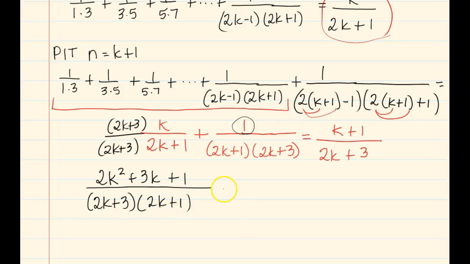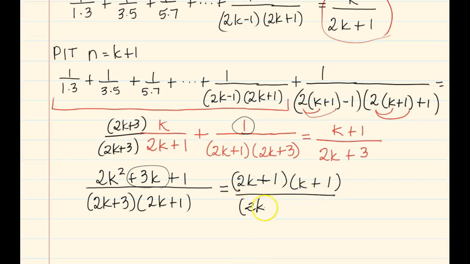So let's see, we need to simplify this, and we're going to get the factored form at the top. So I'm going to get 2k and k. Factors of 1 are 1 and 1. I need to get 3k in the middle, so I need a plus here and a plus here. And our denominator is still 2k plus 3 times 2k plus 1. And we can see that these factor out, and we end up with k plus 1 over 2k plus 3.